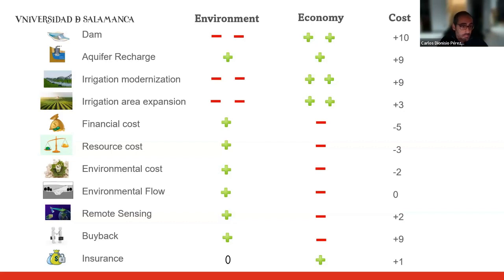I think they are very useful to convey complex information to decision makers. In this case, the game has some uncertainty attached, as you will see later on, because obviously we didn't give you all the information.